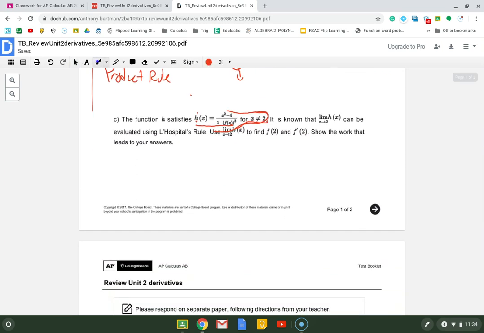So we know that h is continuous. Okay, so that's one thing we want to be able to do. Also, we know that for L'Hopital's rule, the limit as x approaches 2 of h of x is going to have to be something like a 0 over 0 situation, right? So that should be a hint.